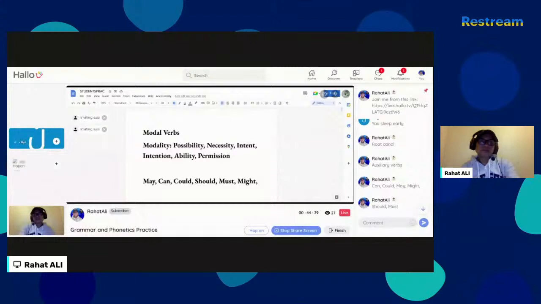So there is will and would as well. Will is present tense, would is past tense. So may, might, actually they should be together. So will, would, should, could, may, can, shall, ought to. Should and ought to are the same.